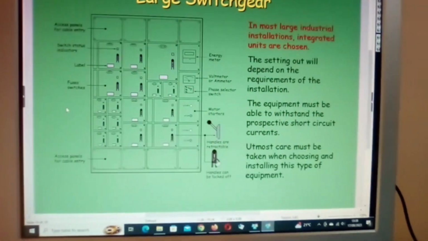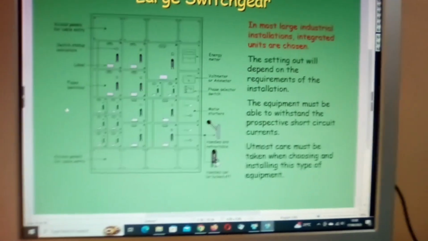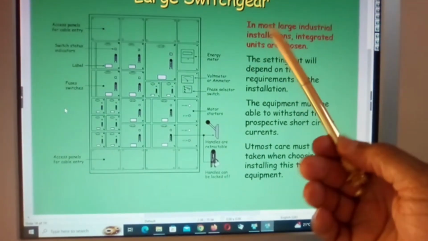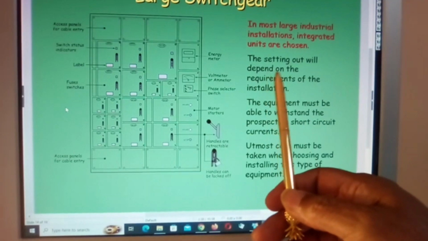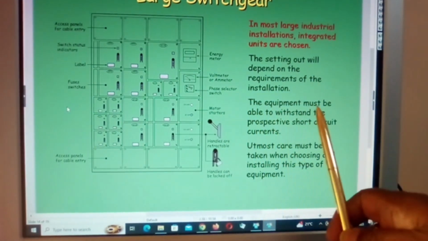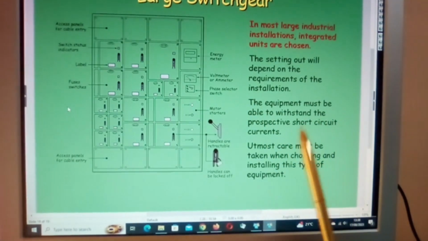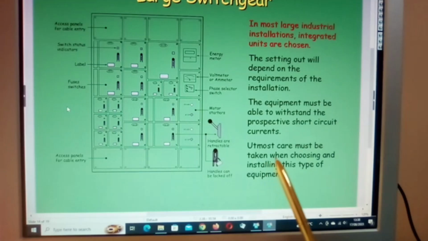And here we have this again, and also large switch gearing. Okay, again, in most large industrial installations, integrated units are chosen. The setting out will depend on the requirements of the installation. The equipment must be able to withstand the prospective short circuit currents. Utmost care must be taken when choosing and installing this type of equipment.